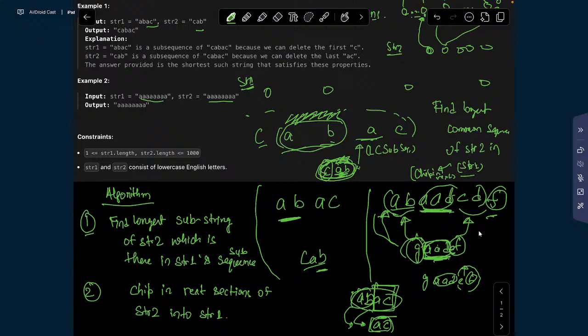So essentially it is about finding the longest common subsequence of this and this. Let's say the length of it is 7, the length of the other is 3. So we can have a maximum of 3 spots that are common in each of these.